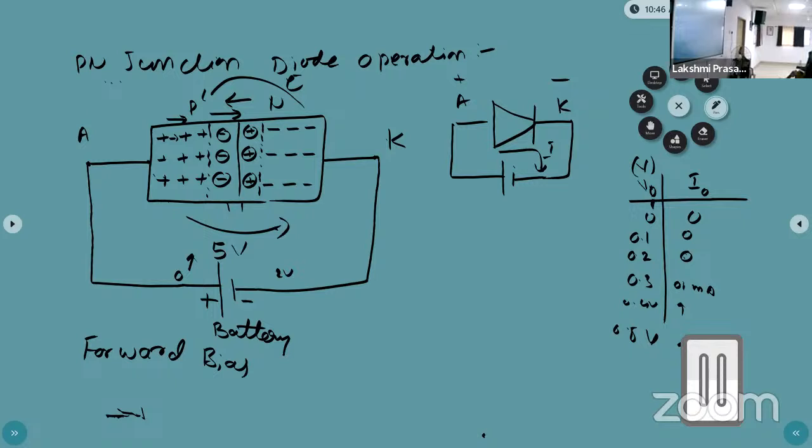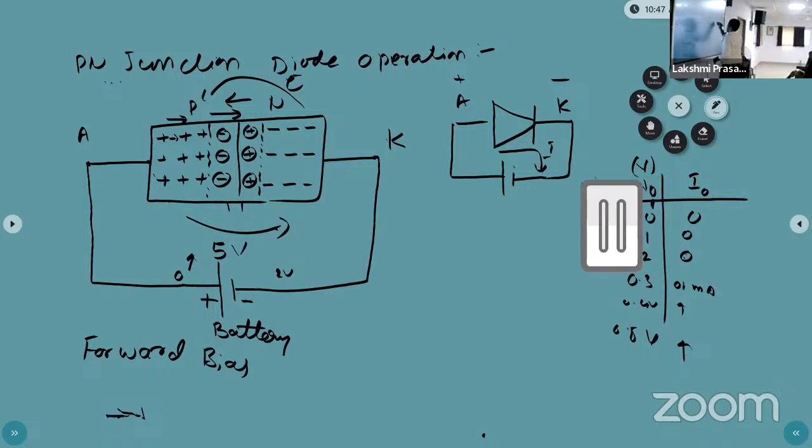Okay. At a certain forward voltage, this voltage is called the forward voltage because the diode is connected in forward bias. If the diode is connected in forward bias, the applied voltage is called the forward voltage, denoted as V suffix F. If you are increasing the forward voltage, the current also increases, and at a certain forward voltage, the junction will completely disappear. There is no more junction here.